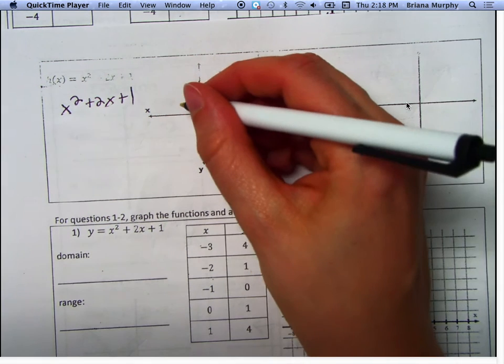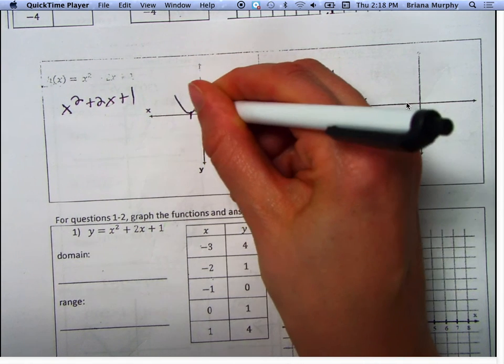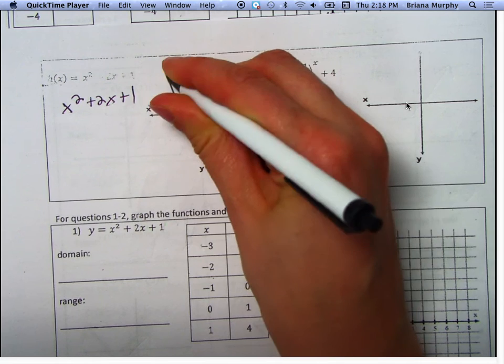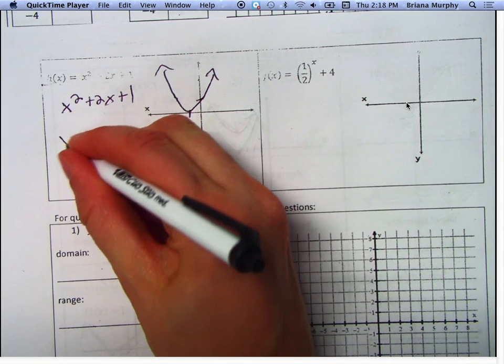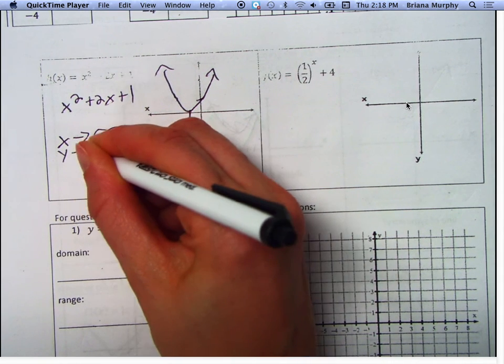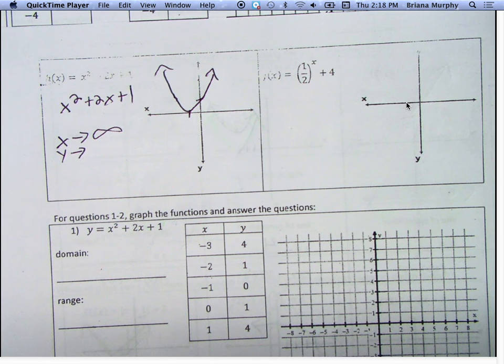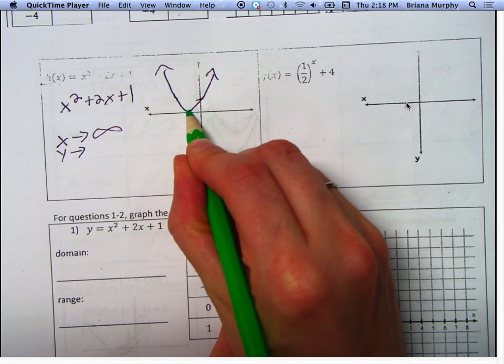So, it looks like this. Okay. So as x approaches infinity, what is y approaching? So remember, I start right in my middle. So x gets bigger if I go to the right, correct?